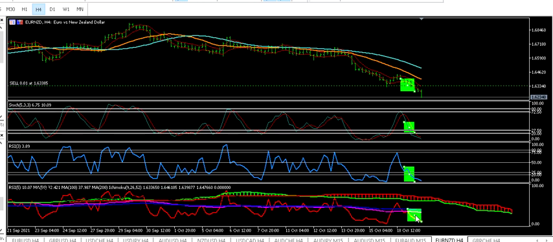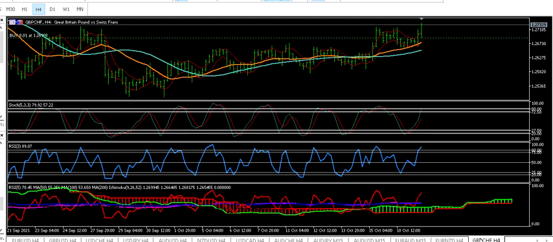As long as the purple, blue, and green moving averages are below the Ichimoku, that's a bearish trend. Your trigger will be when the red line pops below the moving averages. Like here, a trigger. Here a trigger, here a trigger to sell.